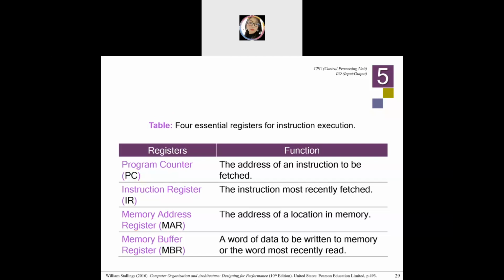So later on in our next slide, you're going to apply only the short forms. So please make sure you know what the short forms for PC, IR, MAR, and MBR are: memory address register, memory buffer register.